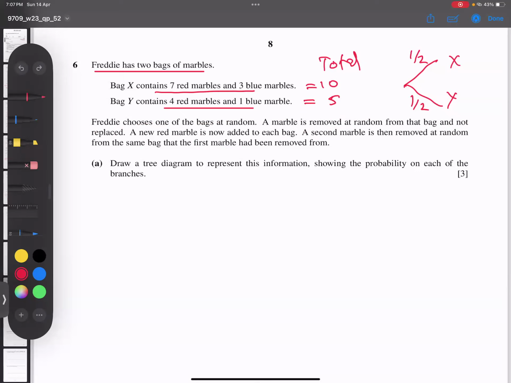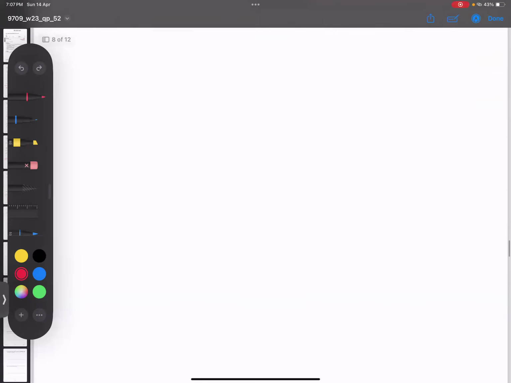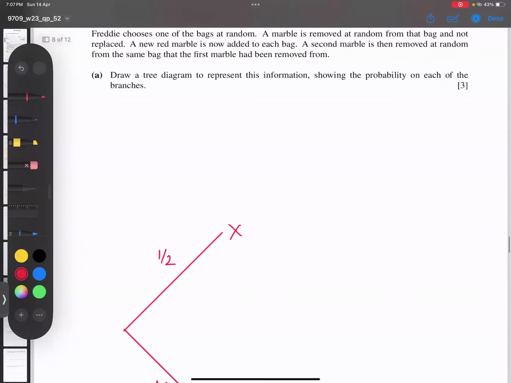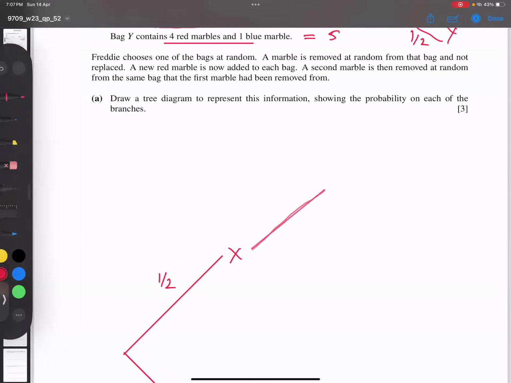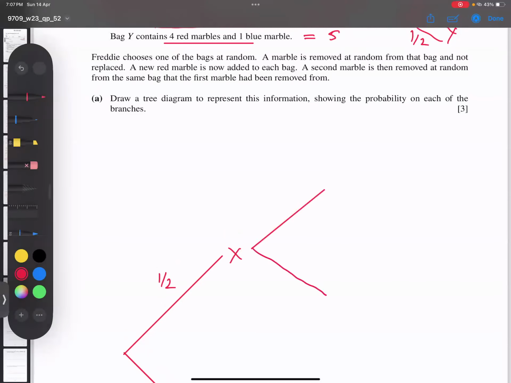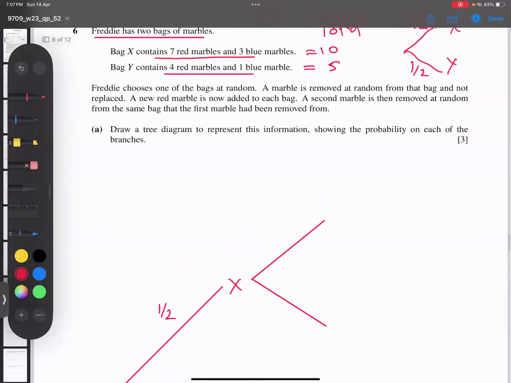Draw a tree diagram. So let's try to make it. What is the plan? I think we have to use a full page. The first branch is expanded: X bag and Y bag, half chances. Now bag X, we have to take 2, and this can naturally be red and blue.